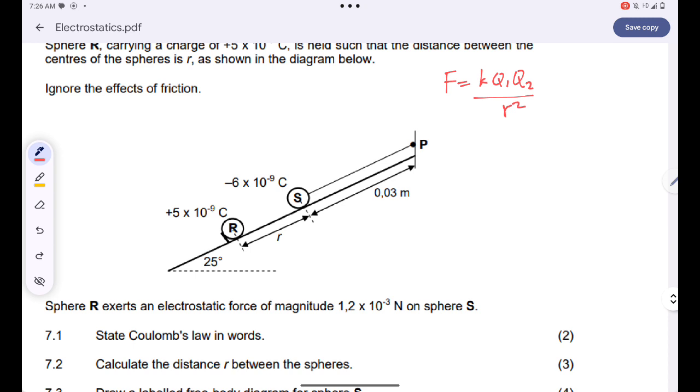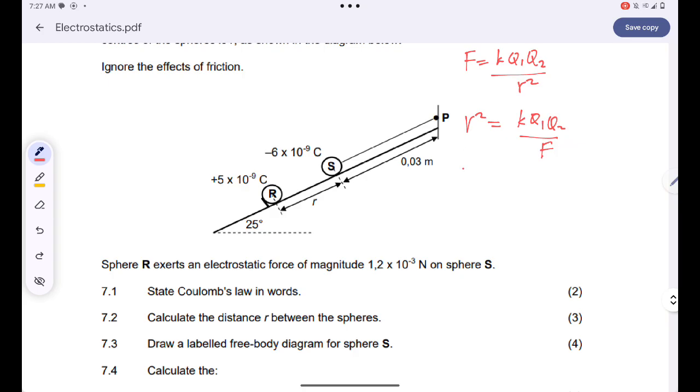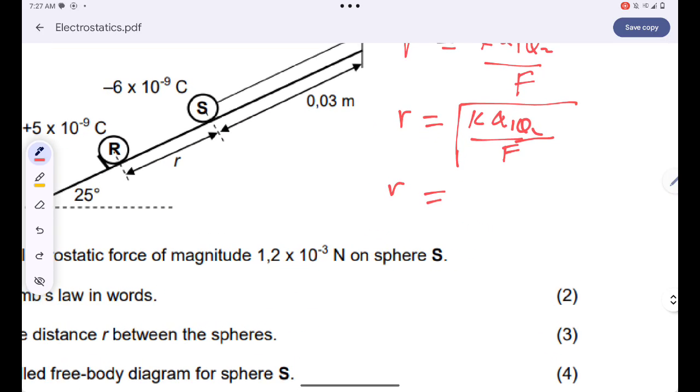I can cross multiply over here, just to make things easier for me. That means r squared is equal to kQ1Q2 all over F. And then r is just the square root of kQ1Q2 over F, and therefore I can simply substitute, because I'm avoiding making mistakes.